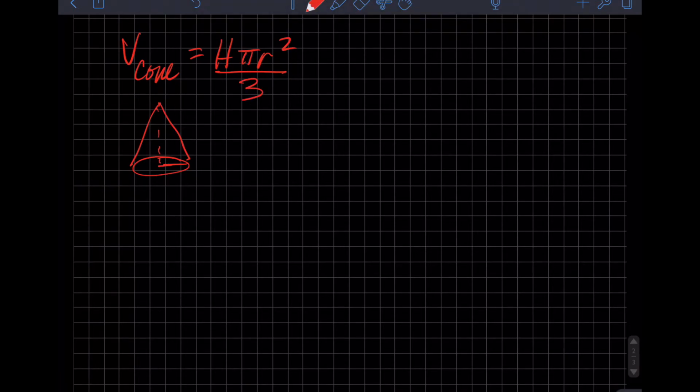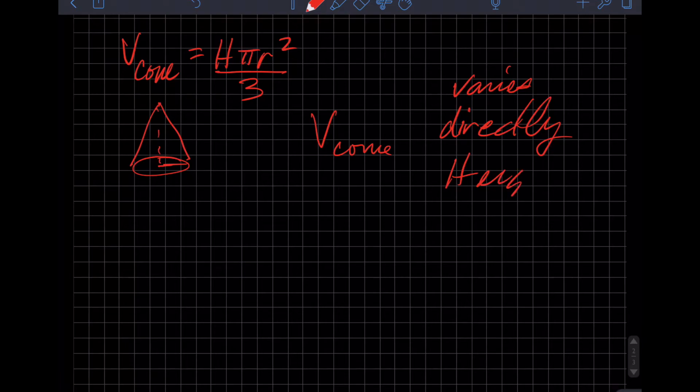So that means that the volume of the cone varies directly with the height of the cone, h, with the radius squared, or r squared, of the cone.